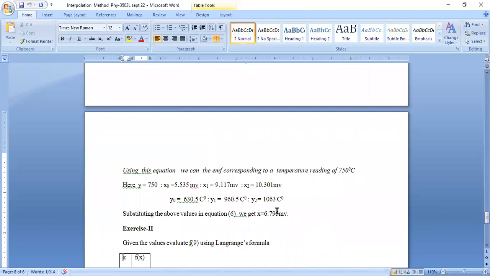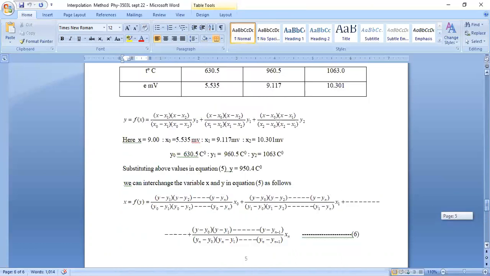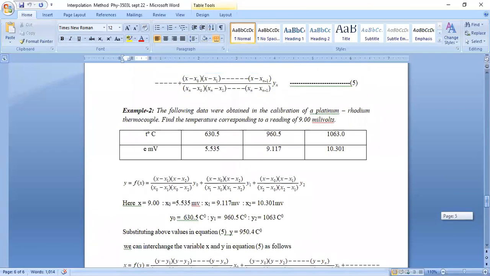The answer is 6.795, which is less than the value at 960, and greater than 5.535, because that is related to the temperature 630.5 degrees centigrade.